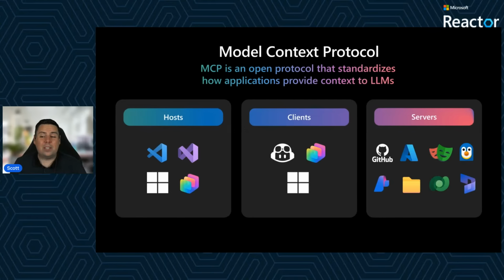It could be something off the shelf like Playwright or Microsoft's MS Learn MCP server, or it could be a custom open source MCP server. I really suggest that if you haven't dug much into MCP, have a little look at how MCP can simplify the way you do tool calling. But it's all well and good to have these clients and servers, but we actually need to think about where these run, especially when it comes to MCP servers.